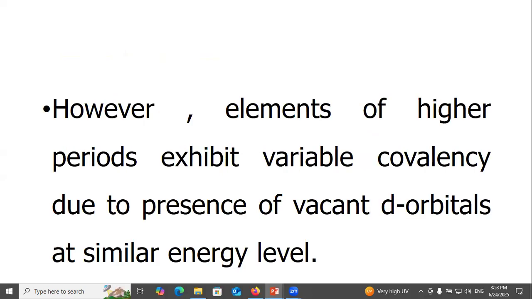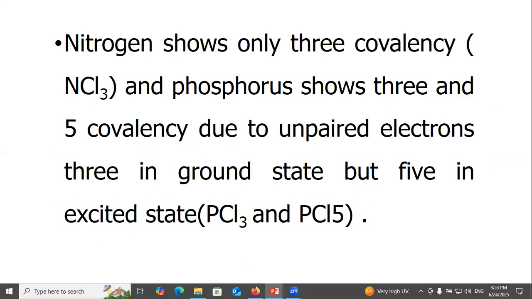However, elements of higher periods exhibit variable covalency due to presence of vacant d orbitals at similar energy levels. Nitrogen shows only 3 covalency and phosphorus shows 3 and 5 covalency due to unpaired electrons, 3 in ground state but 5 in the excited state.